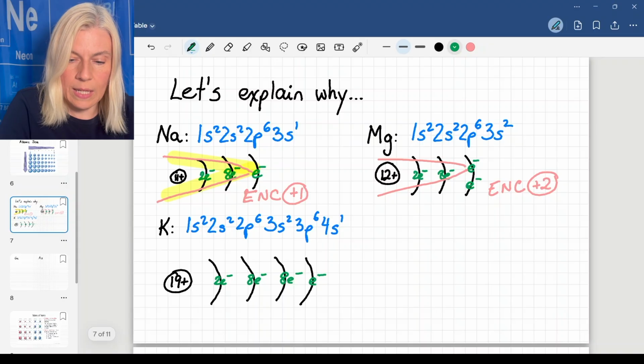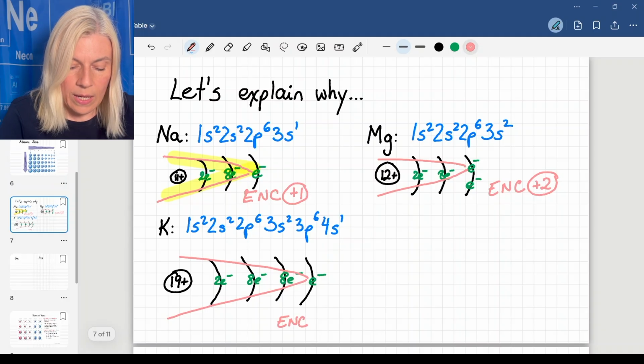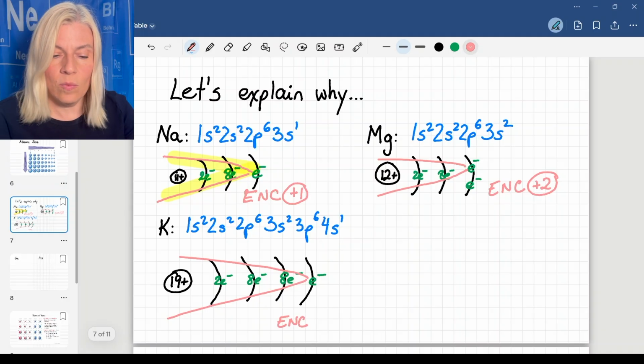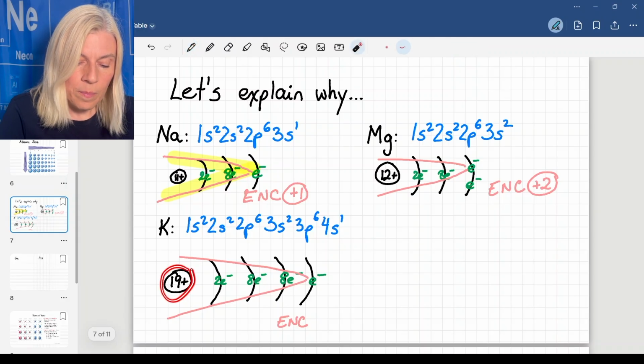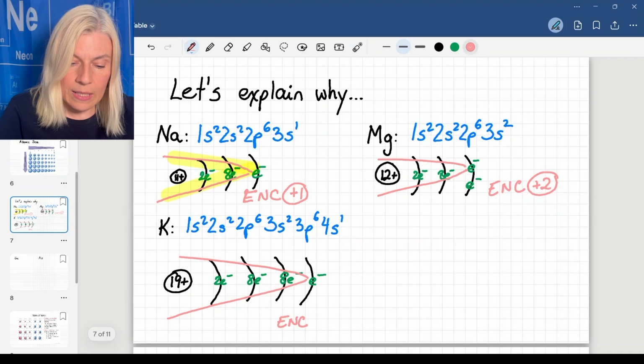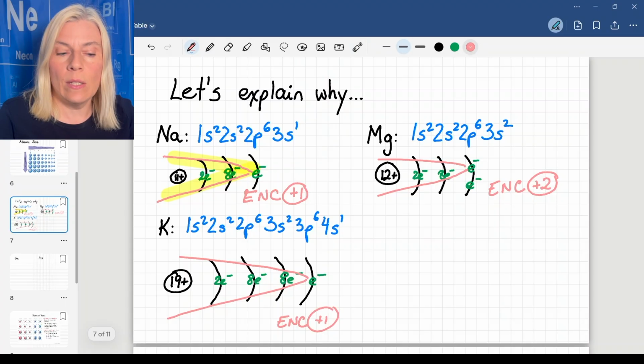And the last one has the last electron. So it's my last electron looking in, right? So ENC: I have 8 plus 2 is 10, plus 8, 18. So 19 minus 18. ENC is plus 1. And if you keep doing this, you will see that in your first column, neutral atoms, ENC will be plus 1.